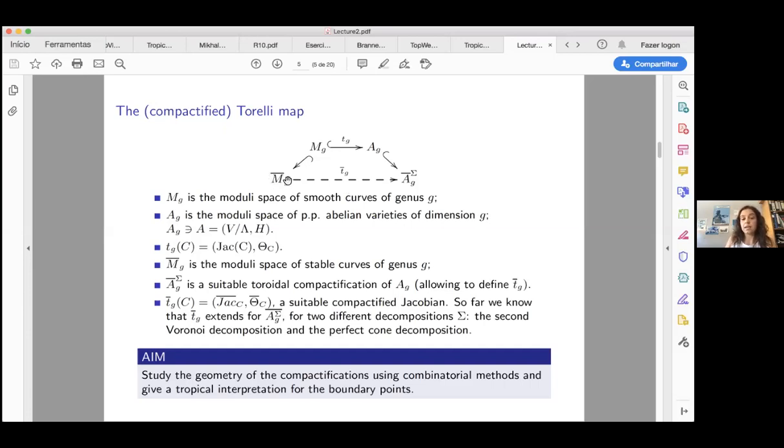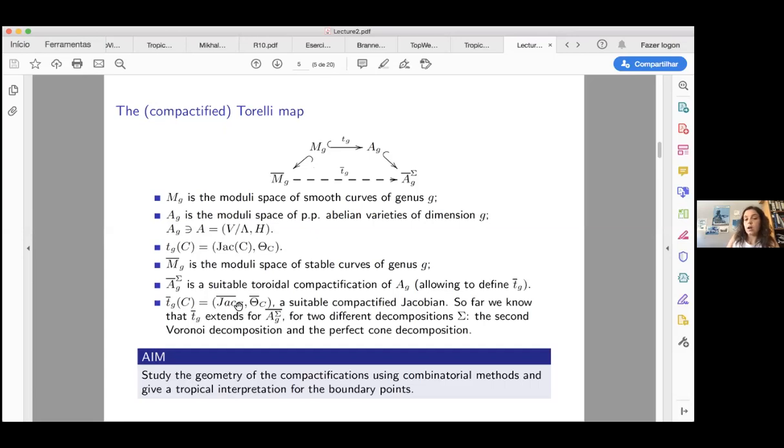A problem is that, as I mentioned before, the Jacobian of a nodal curve is not in general an abelian variety. So what makes sense is to consider T_g bar, the extension of the Torelli map to M_g bar, by considering a suitable compactification of the Jacobian.